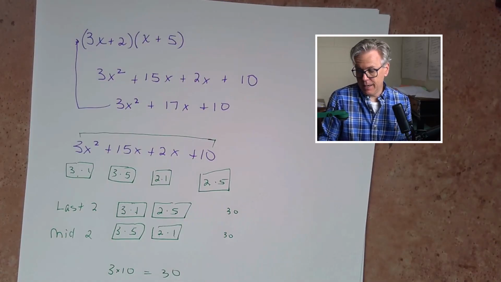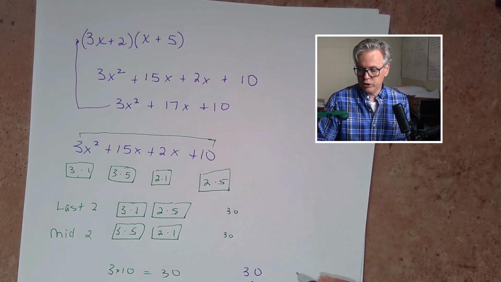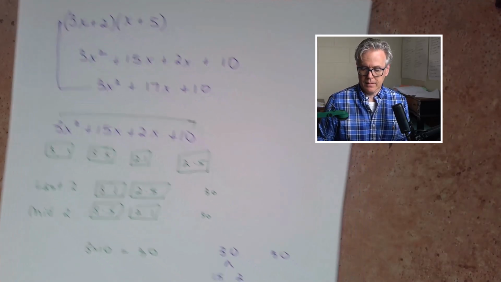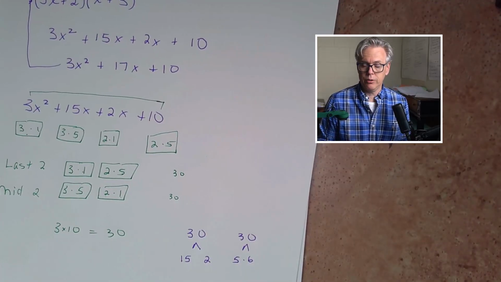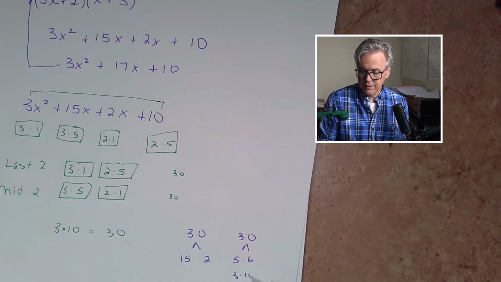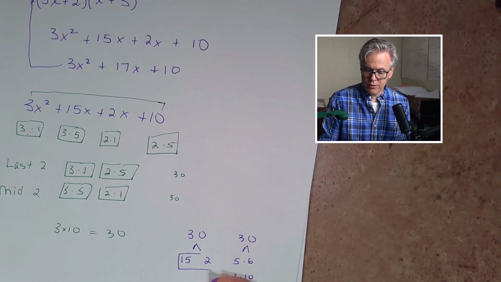In this example, when we find factors of 30 that sum to 17, we know that's going to be 15 and 2. The other factors just don't work. I tried 5 and 6. Those don't sum to 17. 3 and 10 don't sum to 17. 30 and 1 don't sum to 17. Only 15 and 2.